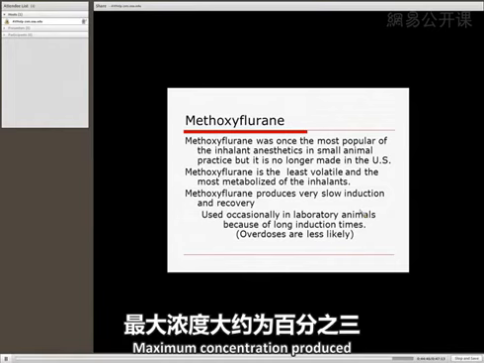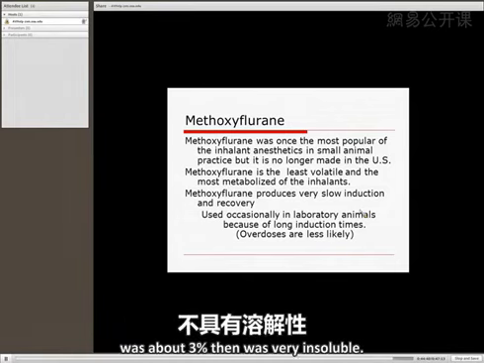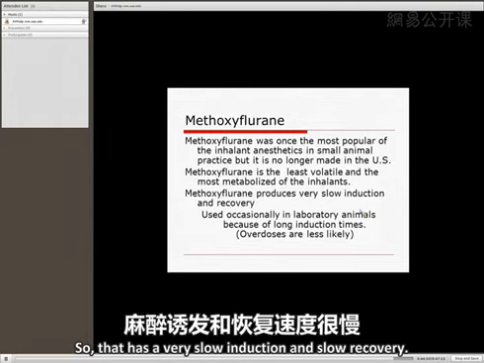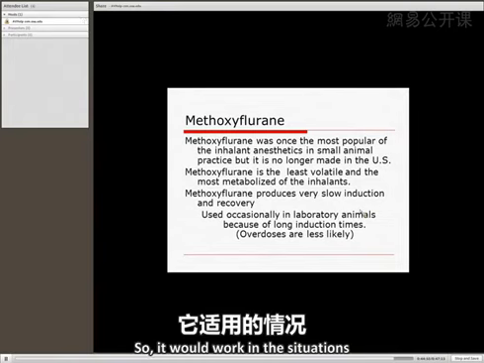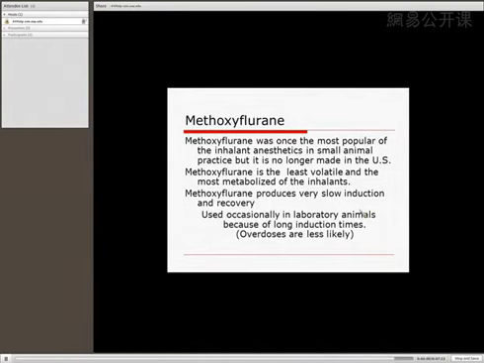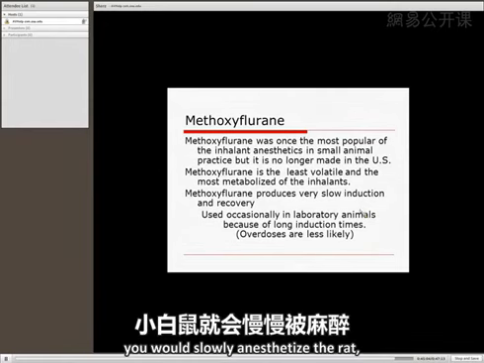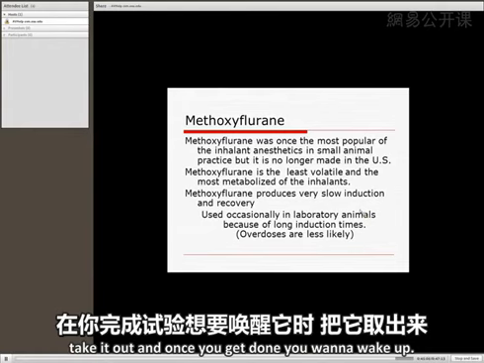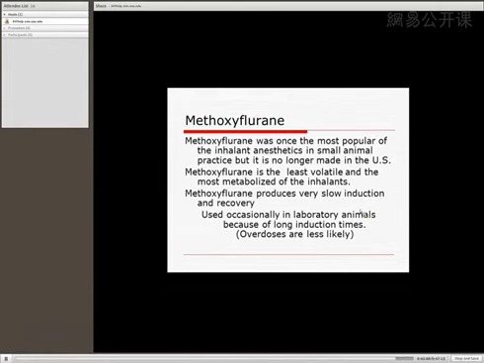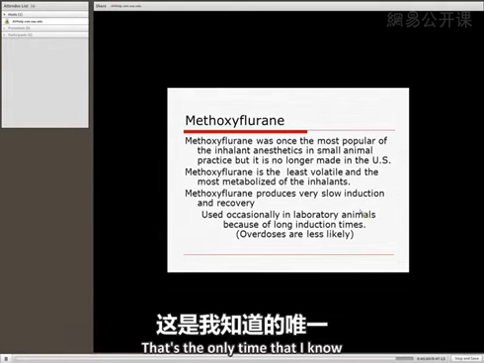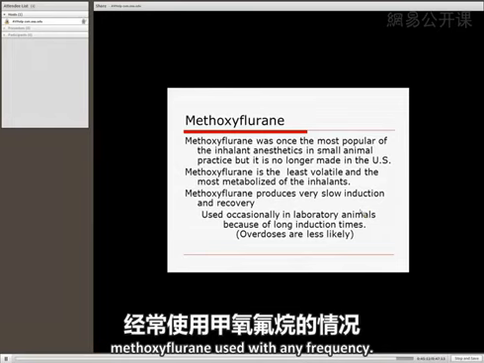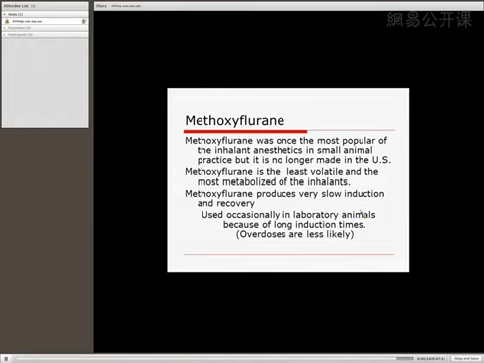The maximal concentration you could produce was about 3%, and it was very insoluble, so it had a very slow induction and slow recovery. So it would work in the situations like we talked about with diethyl ether. If you had a cotton ball and a rat in a jar, you would slowly anesthetize the rat, take it out, do what you needed to get done, and let it wake up. That's the only time that I know of methoxyflurane used with any frequency.